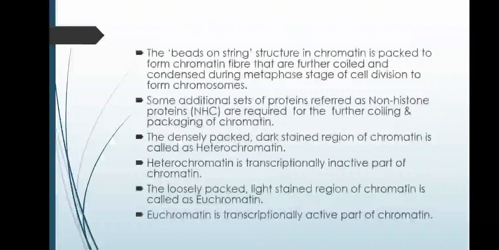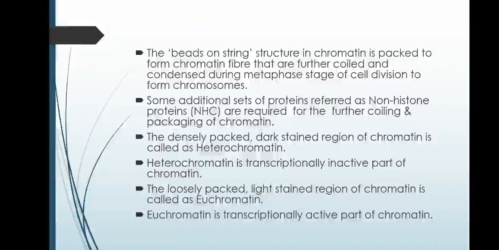Students, you must have seen the beads on a string structure in chromatin, which is packed to form the chromatin fiber, that is further coiled and condensed, and that happens during the metaphase stage of cell division.